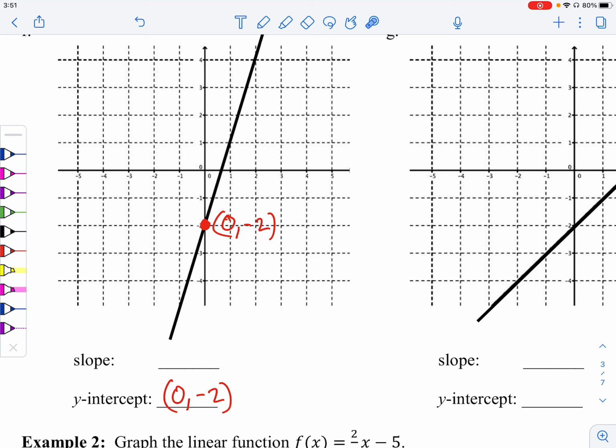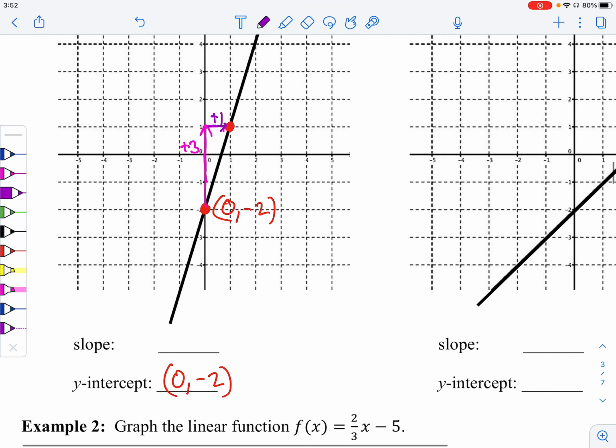Our slope, we go till we hit a corner right there. That's our corner. And then we see what is our rise over run, right? So we go up 1, 2, 3, plus 3, and then right 1, plus 1.